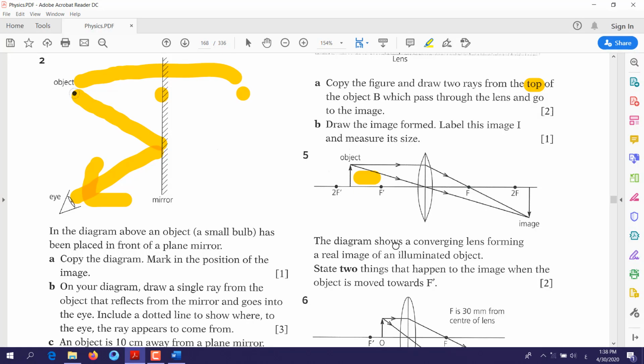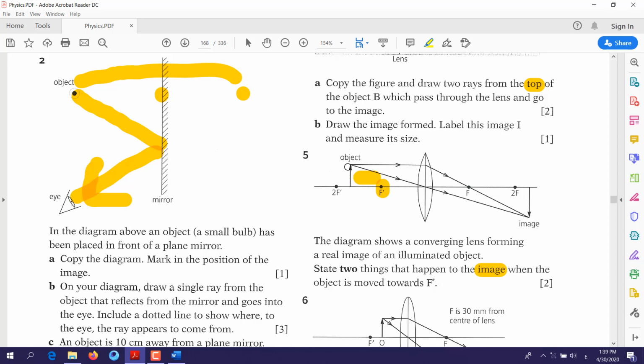Question number 5. The diagram shows a converging lens forming a real image of an illuminated object. State 2 things that happen to the image when the object is moved toward F. Here we have the object, and when you move this object toward this F, what will happen to the image?